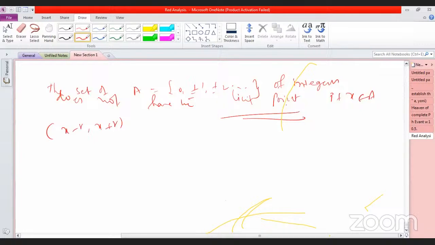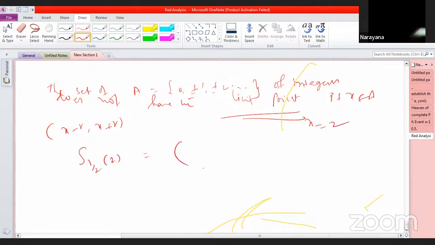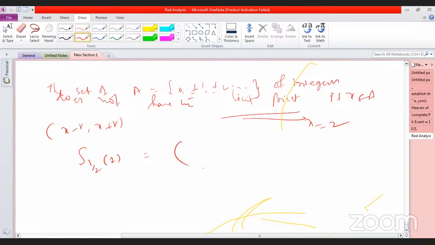Therefore, it does not contain any point of A other than x. If x is equal to 2, we can observe that S of 1 by 2 of 2 is equal to what? What is the value? If x is equal to 2, it is 3/2 and 5/2. How does 3/2 come? At x, 2 minus r, that is 2 minus 1/2. Take the LCM and give the values.